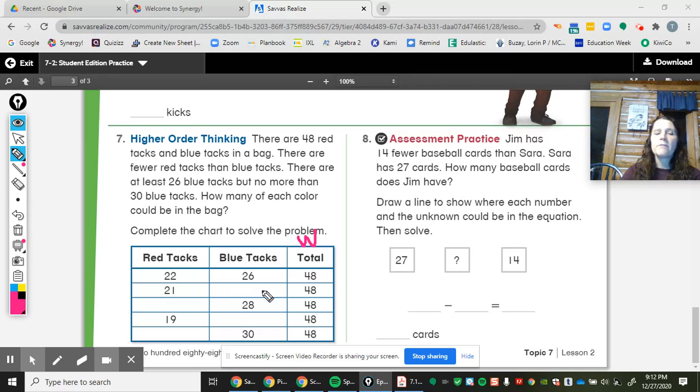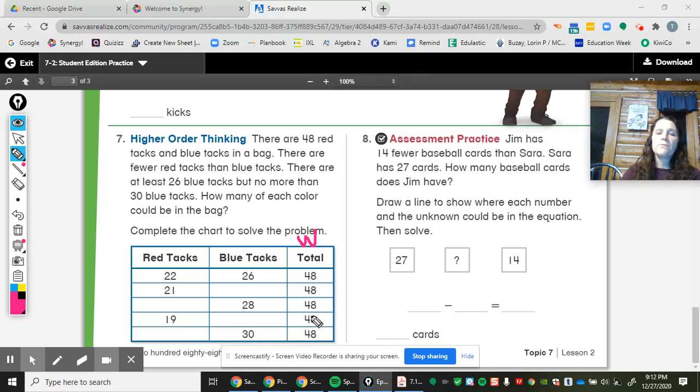So what am I going to have to do to solve this one? I have a whole and a part. So I'm going to stack it and subtract it. And the next one, I have a 28 and a 48. I have a whole and a part again. Then I have another whole and a part, and then I have another whole and a part.